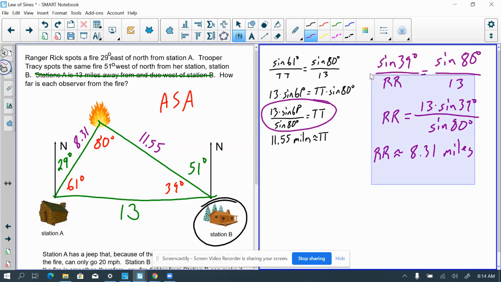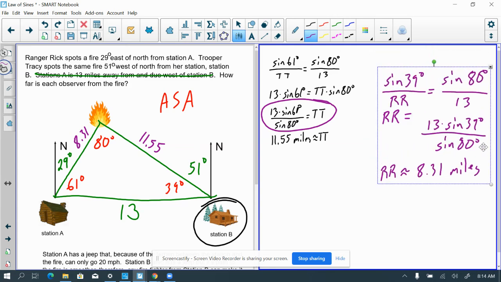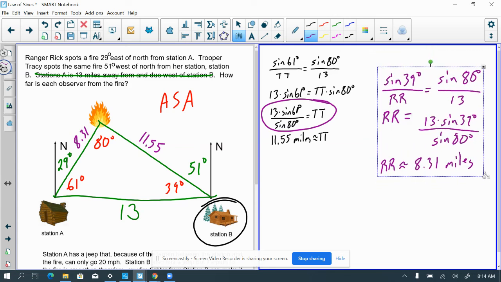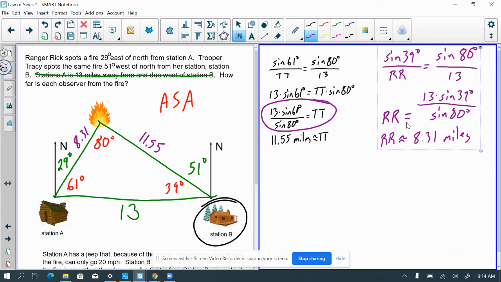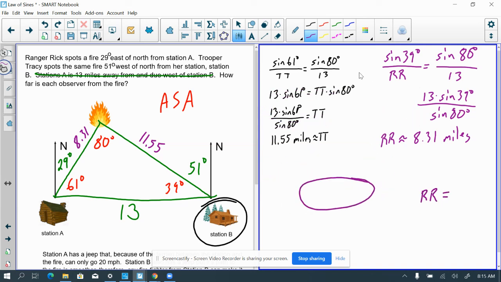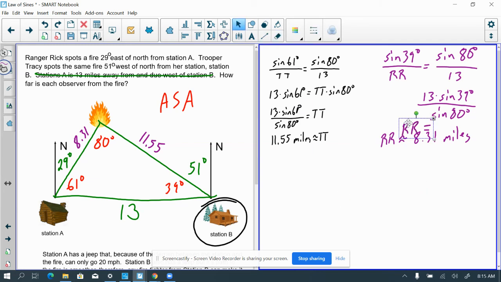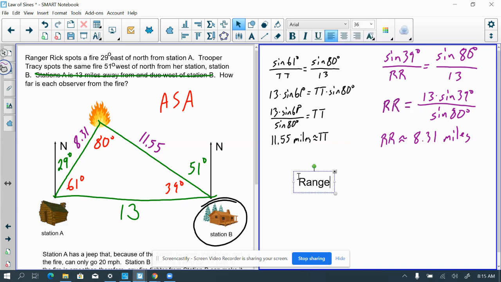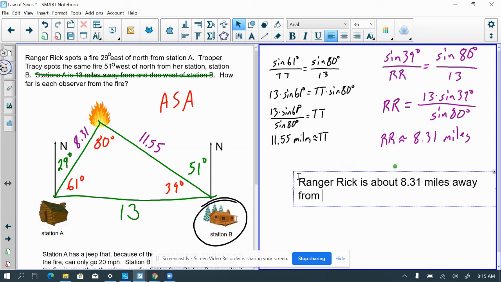And that was the question: how far is each from the fire? If you're given something in words, you should answer in words. So Ranger Rick is about 8.31 miles away from the fire.